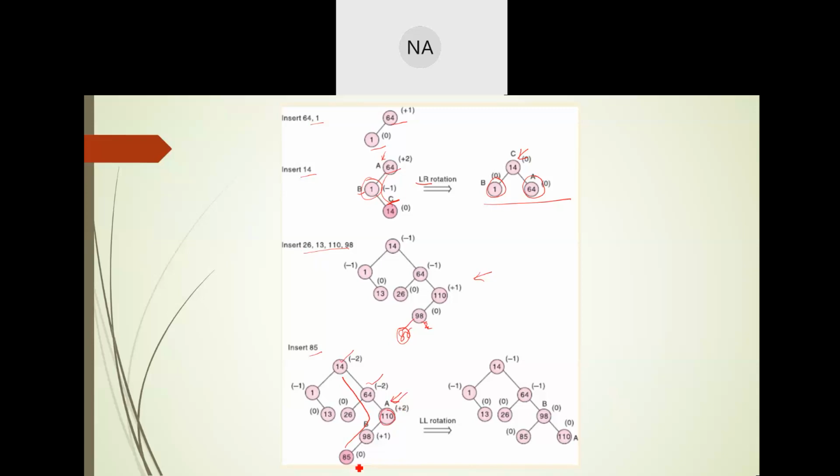The new node X is in the left subtree of the left subtree of node A, so you have to perform LL rotation. Then you obtain this tree, right? So this is the method of inserting elements into the AVL tree.